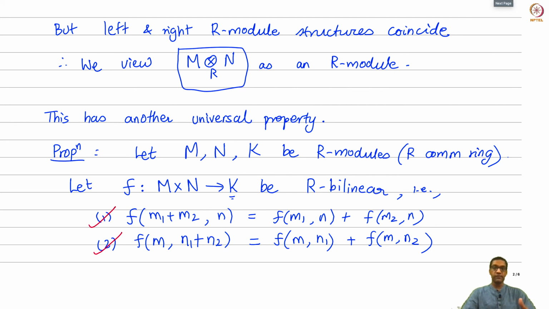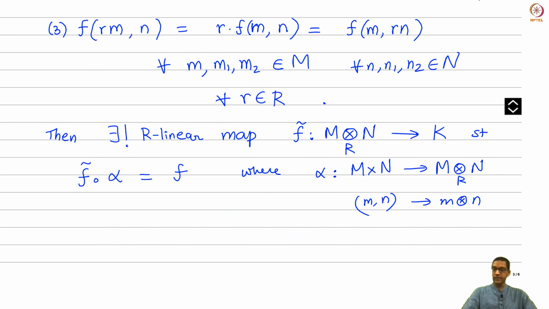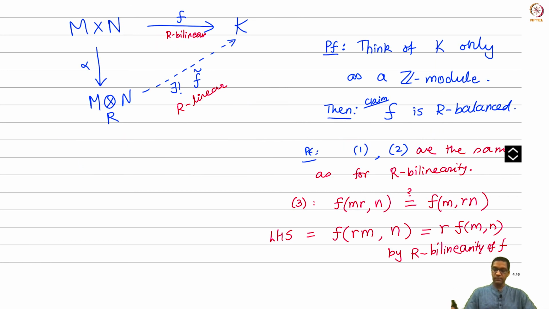So if R is commutative, then you can say that the tensor product M tensor N is the object which has the following universal property: given an R bilinear map from M cross N to K, it induces a unique R linear map from M tensor N to K. So this is working inside the category of R modules where R is commutative, and this is often how it is defined. Okay, but this is very special to the commutative case. You can't make this definition if R is not commutative.